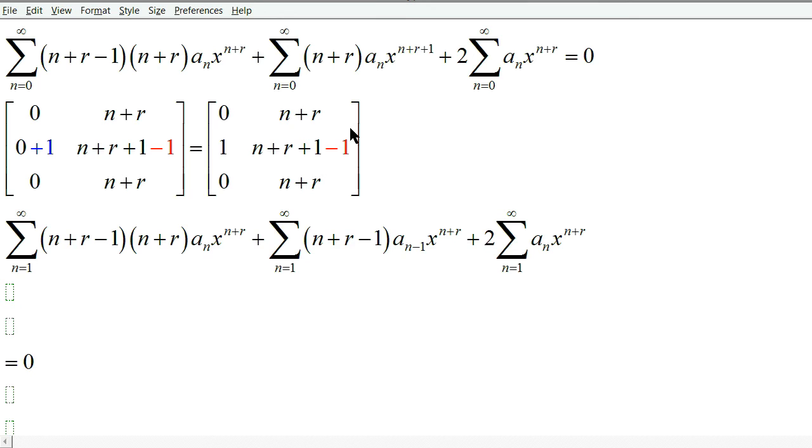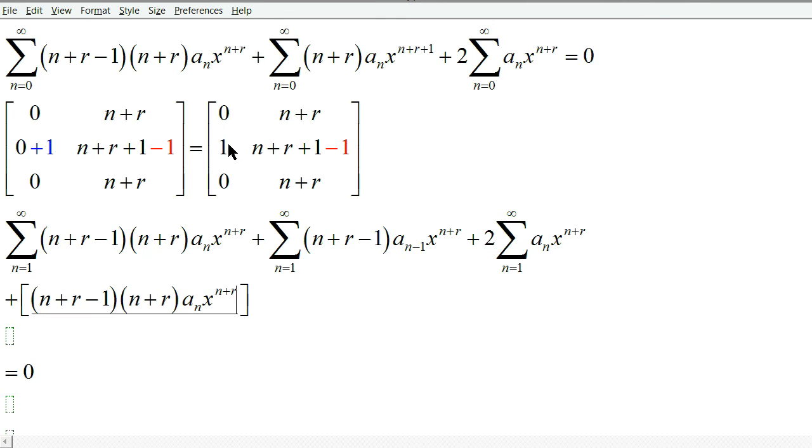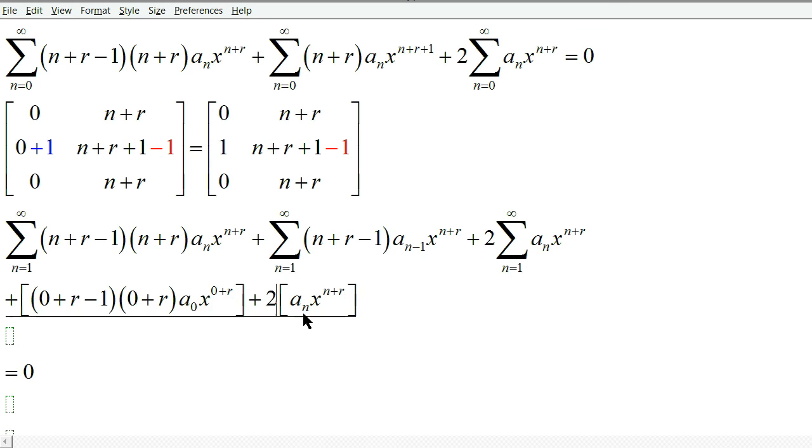Since this row represents the first series, we add the expression of the first series with 0 substituting for every single n. And of course we substitute 0 for n because the index or the variable of the summation is n. And finally we add 2 times because we're extracting terms from this one, and we substitute 0 for every n in that expression equals 0.